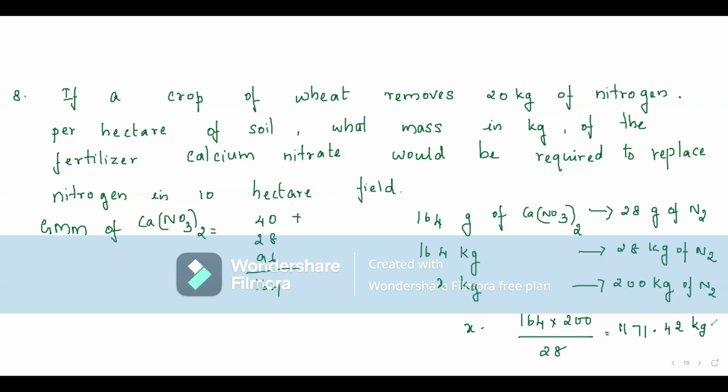Okay, so 1171.42 kilogram of calcium nitrate is required as fertilizer for my 10 hectares of land. Yeah, so these are the important questions from percentage composition. If you study this type of question, that is enough even for your board examination.